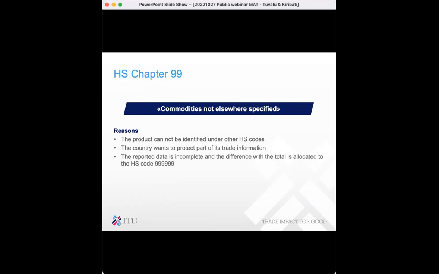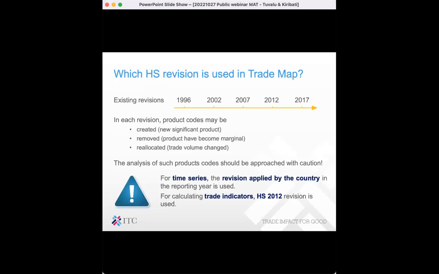They do not want to give the full company information. So sometimes, in the case of planes, the trade value will be added to the Chapter 99 because they do not want to disclose this type of information at the company level. So just to keep in mind.